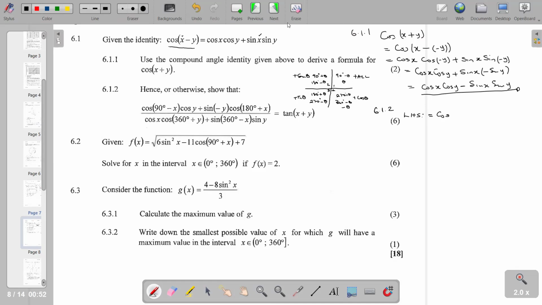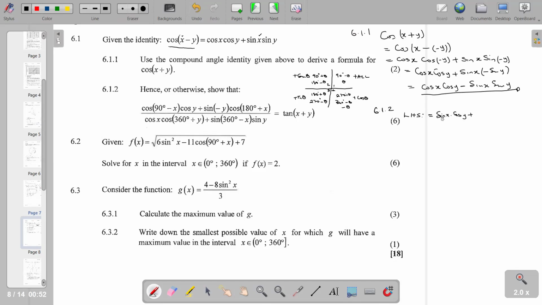So the ratio goes to sine. So it's going to be sin x. Then we are going to have cos y.